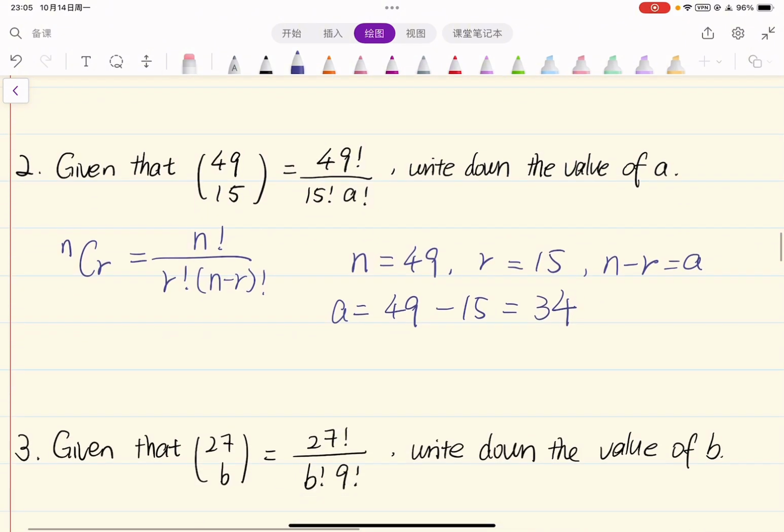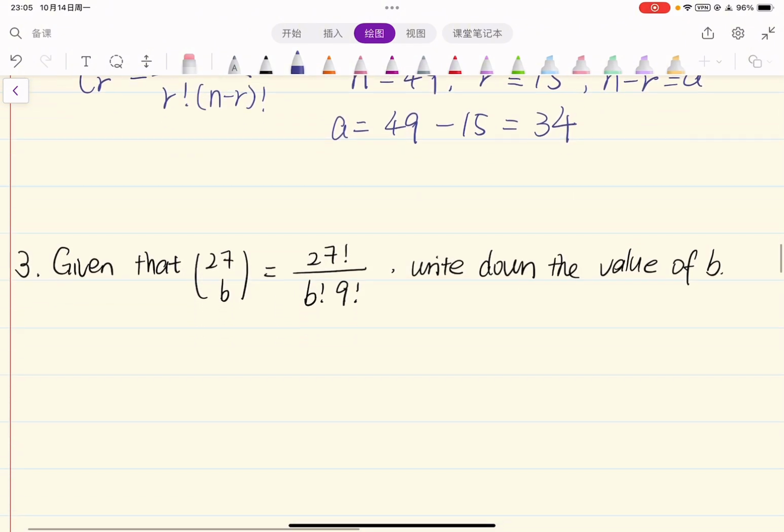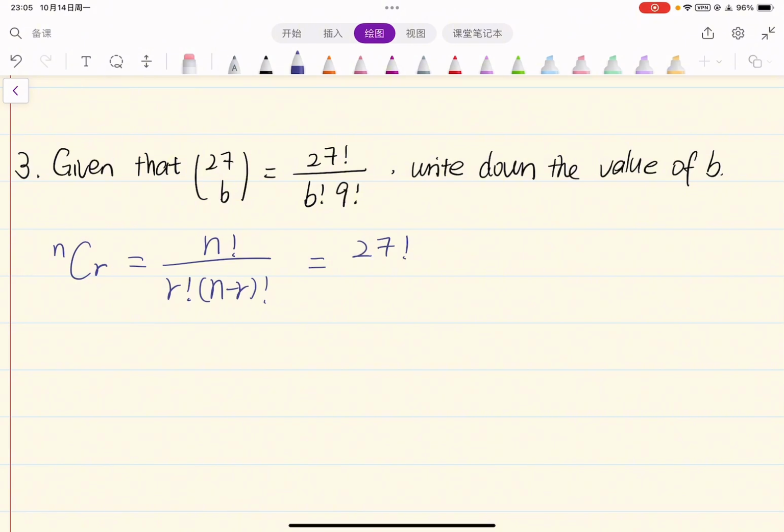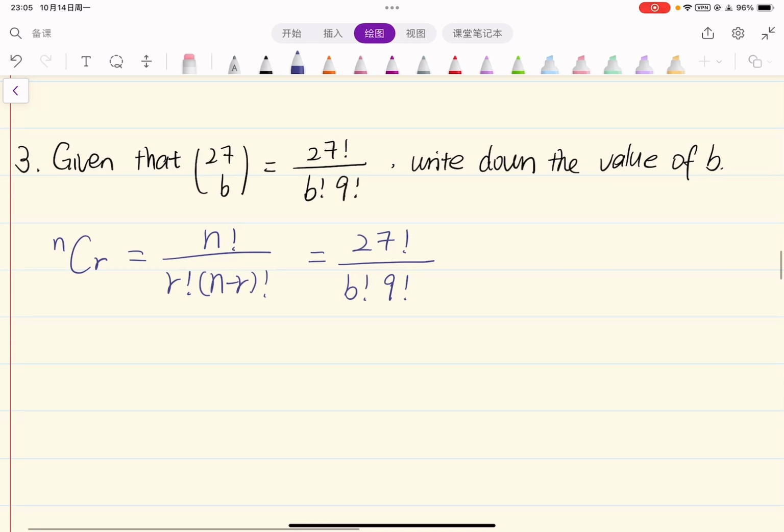Now let's move on to another example. Here we have 27 choose b equals 27 factorial over b factorial times 9 factorial. Still recall that n choose r equals n factorial over r factorial times n minus r factorial, which is 27 factorial over b factorial 9 factorial. This means n equals 27.